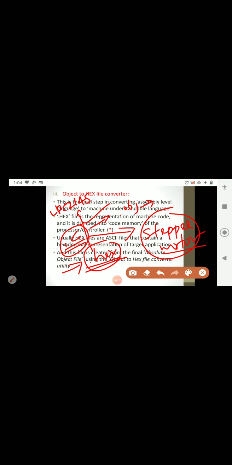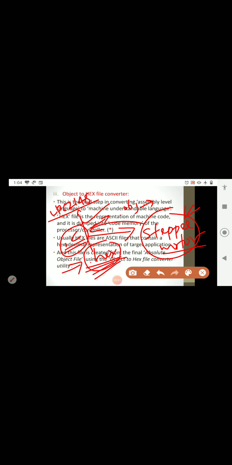LPC2148. For the particular stepper motor program, we have written a particular embedded C program, and we convert that C program to a .hex file and dump it onto the target processor LPC2148, so that we can see the operation of the stepper motor after that.